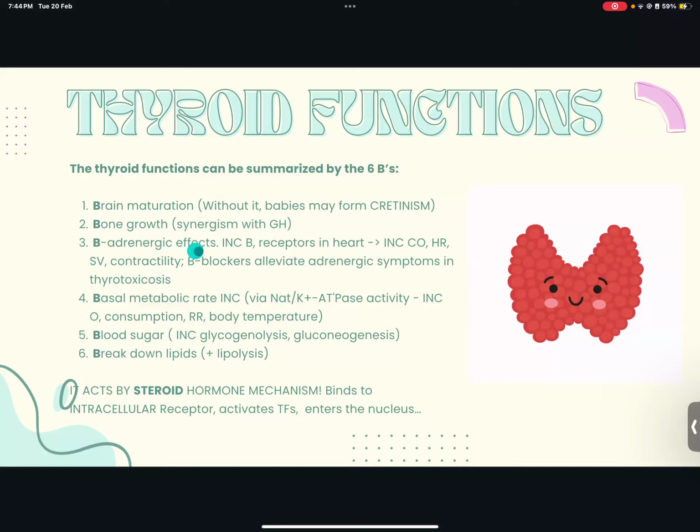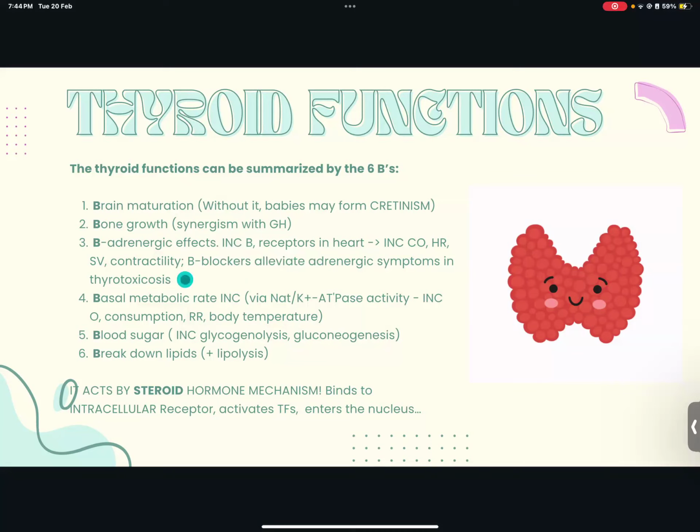It also has beta adrenergic effects, so it increases beta receptors in the heart. So it increases cardiac output, heart rate, stroke volume, contractility. Beta blockers will help to alleviate adrenergic symptoms in something called thyrotoxicosis, which we're also going to discuss later.